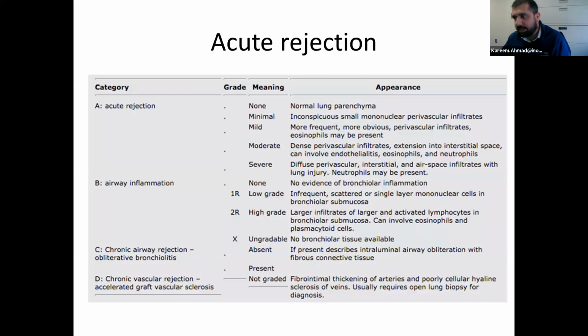Now to the specific types of rejection. So this is the classification of acute cellular rejection, and you kind of want to separate it into 3 different portions. You really want to look at what is going on in the vascular bed, in the blood vessels inside of the allograft. You want to look at what's happening in the parenchyma, the actual tissue of the lung itself, the alveoli themselves, and then you want to look at what happens in the airways.